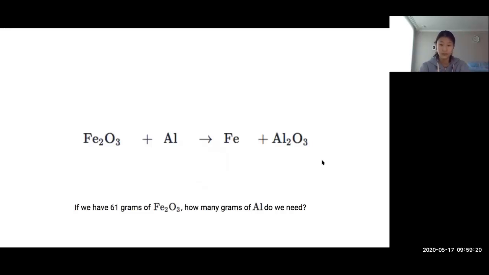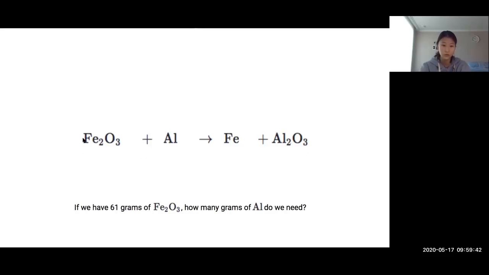Because it's easier to go straight to the examples for a better understanding, we'll start with a stoichiometry question. We have Fe2O3 plus Al as the reactants, and on the right side we have the products, Fe plus Al2O3.